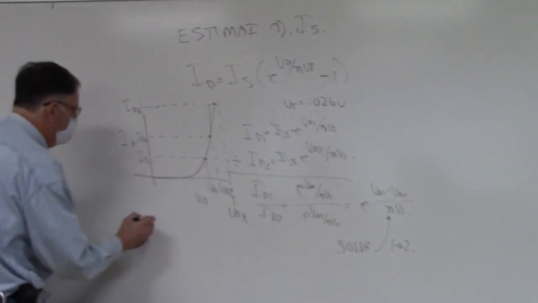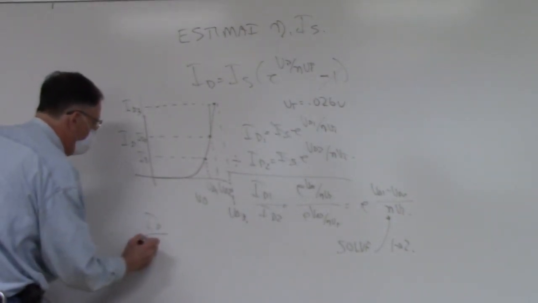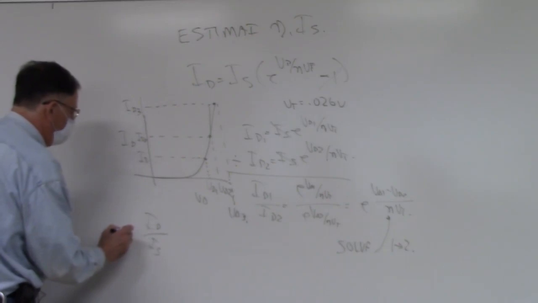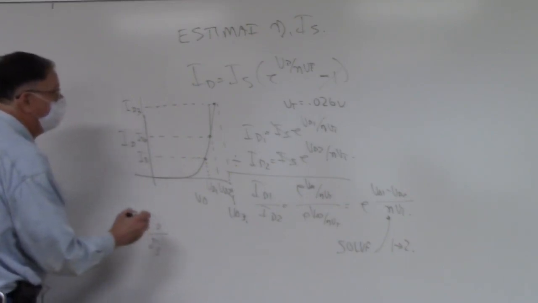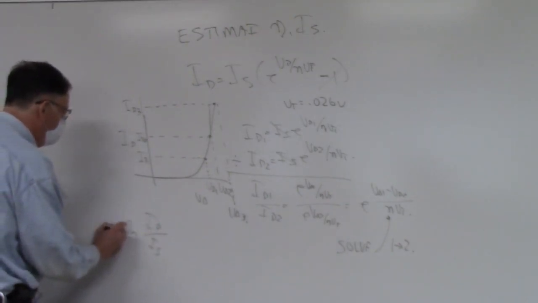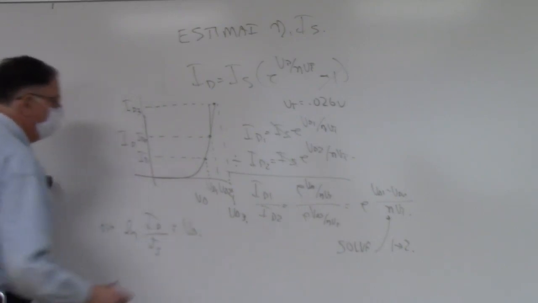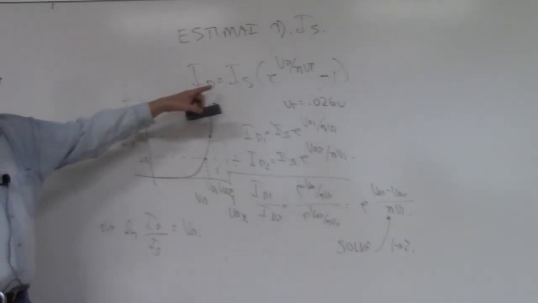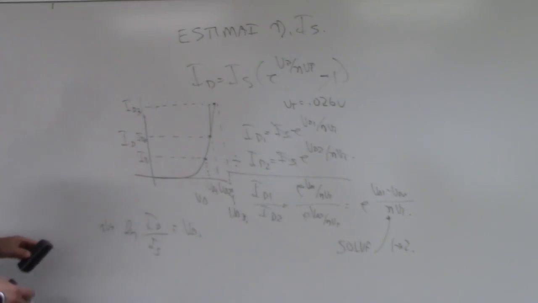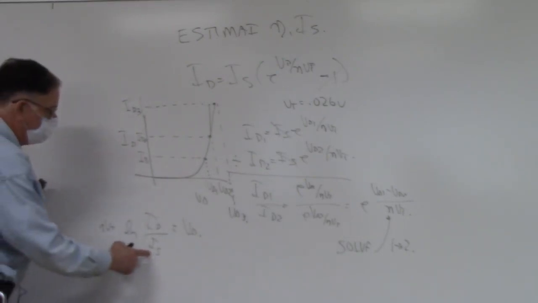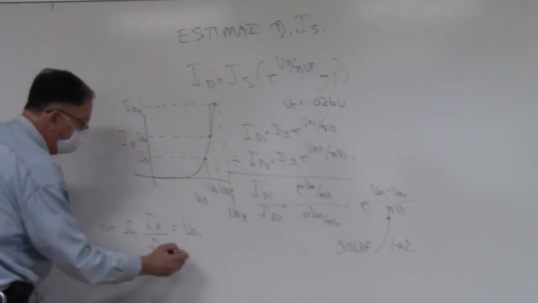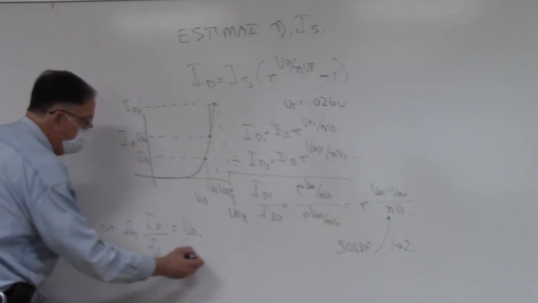We're going to say that the natural log of ID over IS, times NVT, is equal to VD. We're just turning this equation inside out here. And then we're going to plug in our N and our I sub s, and we're going to get some new VD.